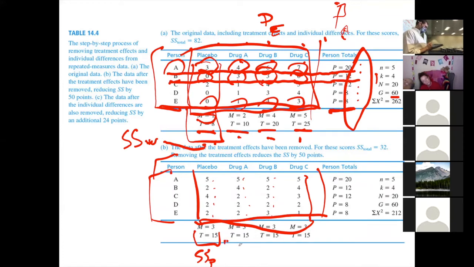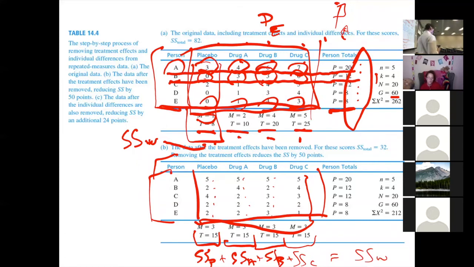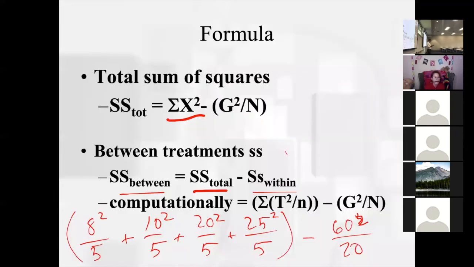We get a sum of squares for drug A. We get a sum of squares for drug B. And we get a sum of squares for drug C. And our sum of squares within is just adding all of those together to get that sum of squares within. So again, that's nothing new. That's the exact same as what we did on Monday.